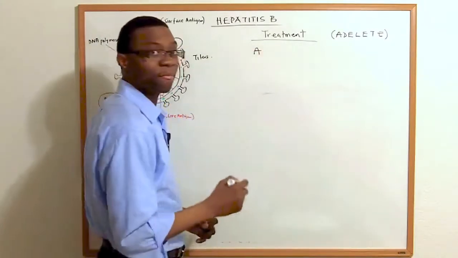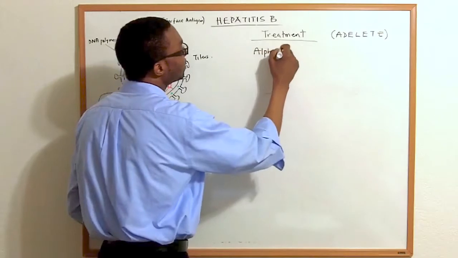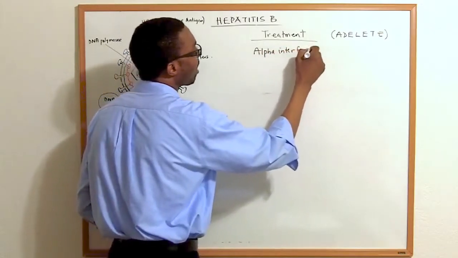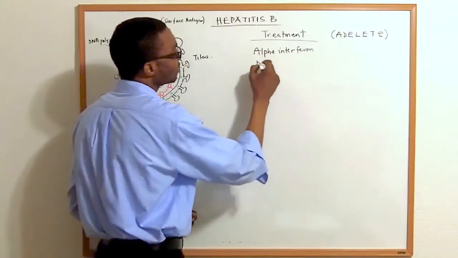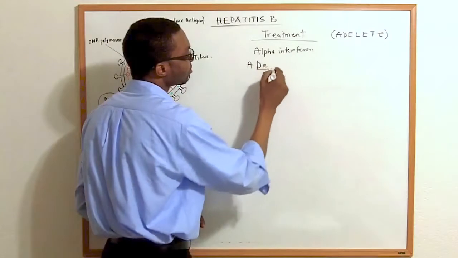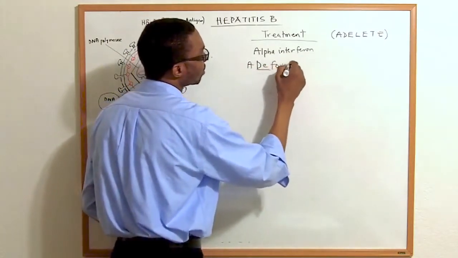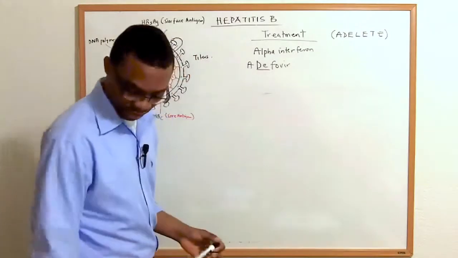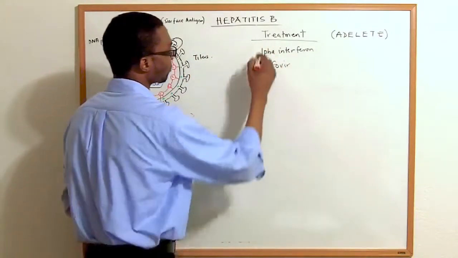A is going to be alpha interferon. That's what we use to treat hepatitis B. D, another drug, adefovir. Adefovir. Let me show you the mnemonic so you see it.